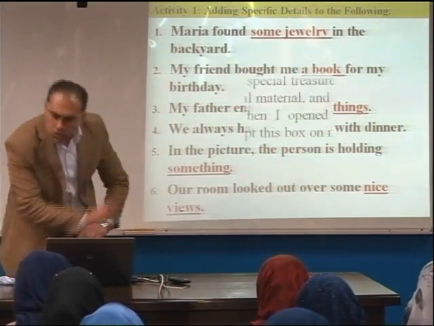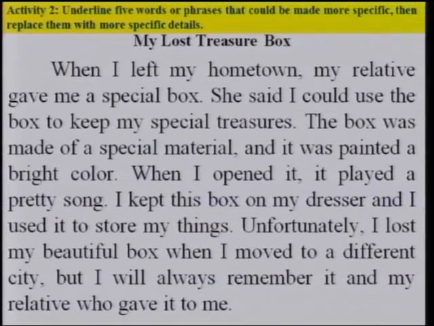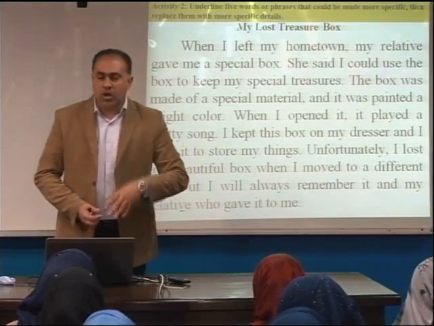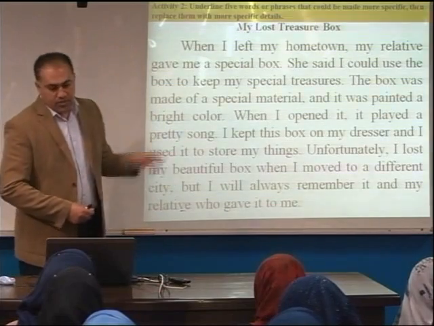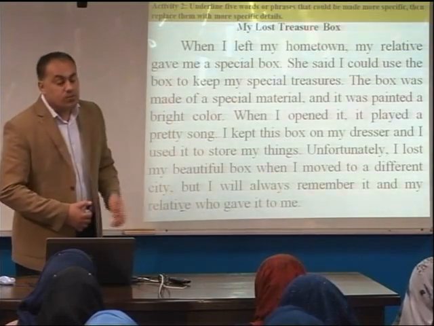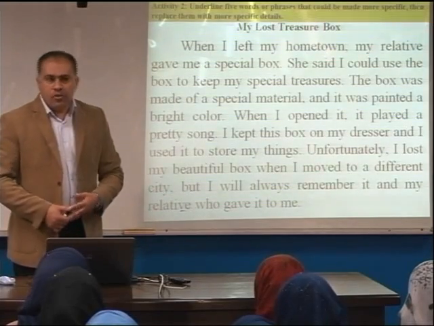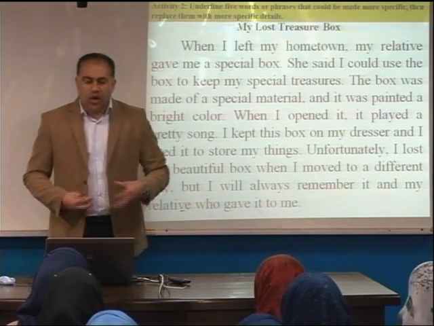Also, another activity. Now the same thing. We're going to read this paragraph. There are 5 words here that are rather general, and we want to rewrite them as specific details. For example, let's see just the first sentence, and I'll give you a chance to do the rest of the paragraph. When I left my hometown, my relative gave me a special box. There are at least 2 things that are rather general.